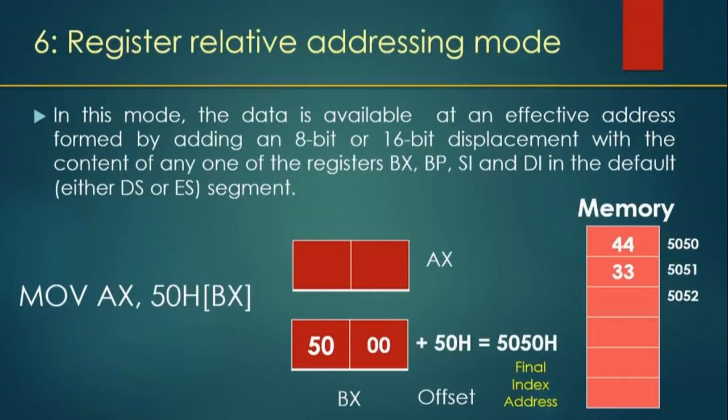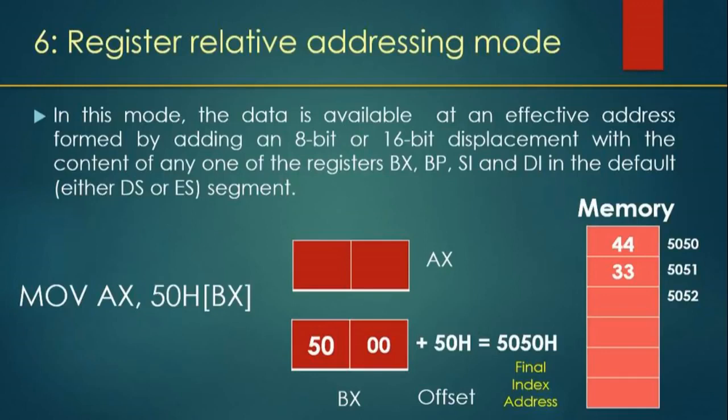Next is register relative addressing mode. In this mode, the data is available at an effective address formed by adding an 8-bit or a 16-bit displacement with the content of any one of the registers BX, BP, SI and DI in the default DS or ES segment. If you see the example instruction, MOV AX, 50 hex.